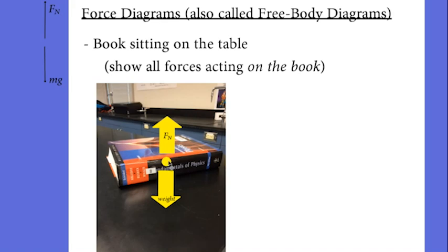So that's what that dot is representing. And when we draw our free body diagram or our force diagram of the forces acting on the book, we just draw a dot to represent our center of mass, and then we add in the forces with the tails of the force vectors originating at the center of mass and pointing away. So there's a simple example of a force diagram of a book sitting on a table.